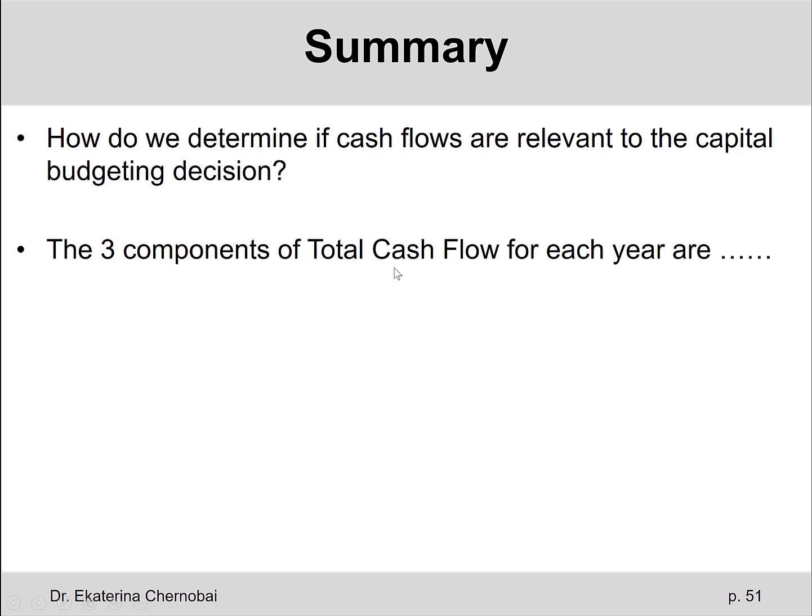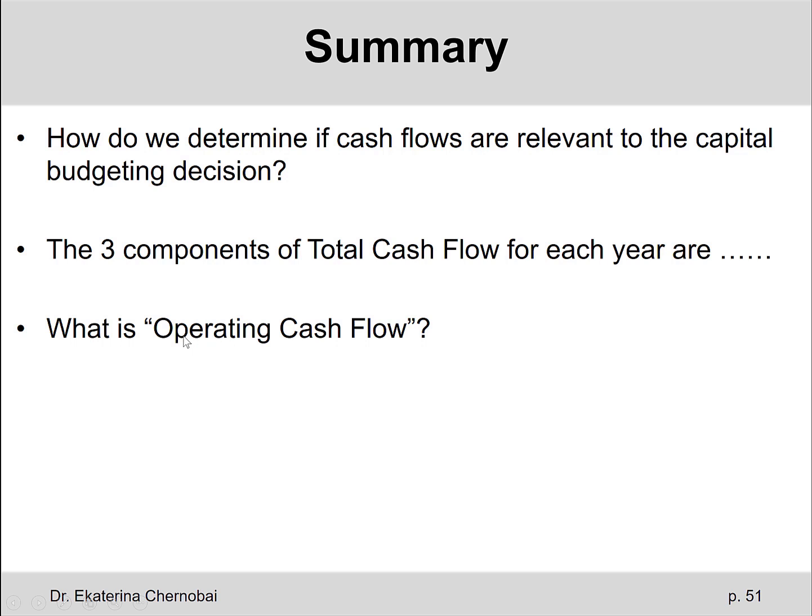What are the three components of the total cash flow for each year? That's the operating cash flow, the net capital spending, and the change in net working capital. What is operating cash flow? It's pretty much the same thing as profit from selling whatever it is that we would be selling under this project.